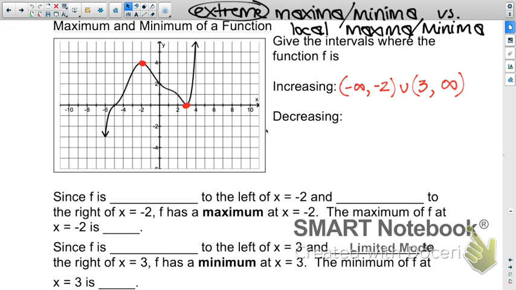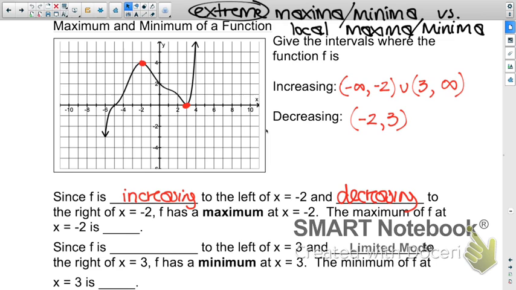Decreasing is a single section between negative 2 and 3, right? So the reason we identify these points as local maximum and minimum is because we are increasing to the left of x equals negative 2 and decreasing to the right. Therefore, we have a local maximum.